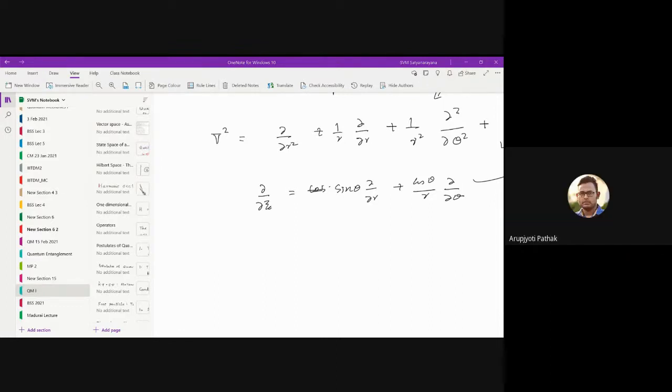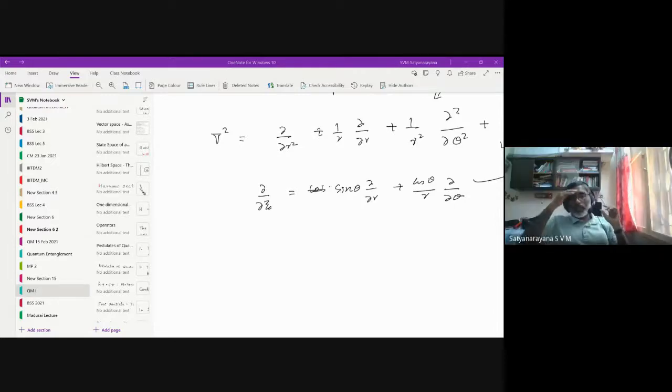Sir, can we derive a relation to find degeneracy in a 3D box, like we got for the harmonic oscillator? Yeah, for a general relation for the degeneracy of any system, there is no guarantee that we will be able to do it. For the harmonic oscillator, somehow it keeps increasing, but it is not so for other systems.